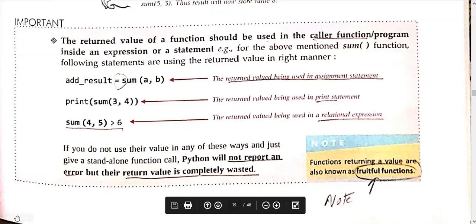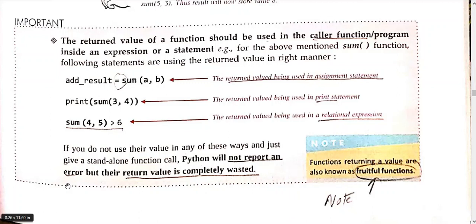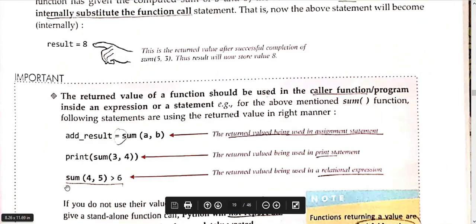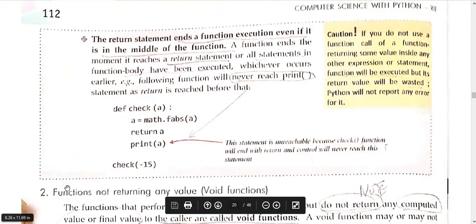Python is not going to report an error for it, because nothing written there is syntactically wrong, but the output will be wasted. So it is better to use a non-void function to get your work done.